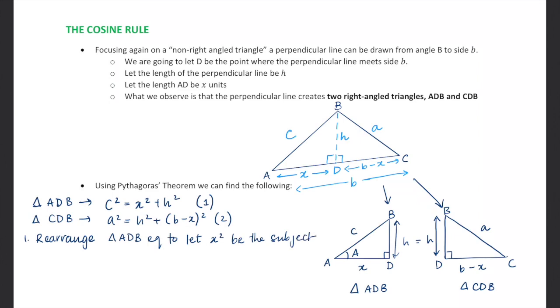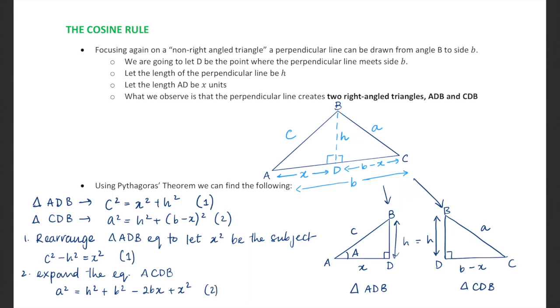Transposing that, we get c squared minus h squared is equal to x squared. Then I'm going to expand. That's going to be a squared is equal to h squared plus b squared minus 2bx plus x squared. And that's equation 2 still, and that's obviously equation 1.